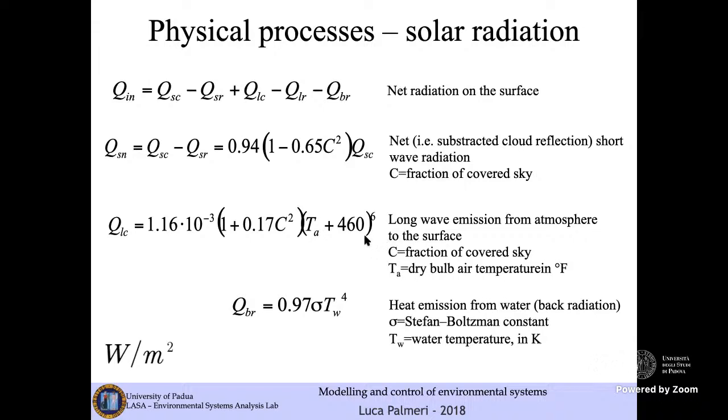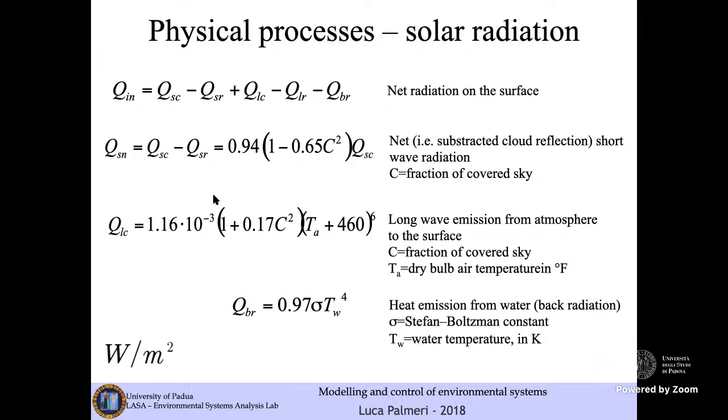So it is linked to the effect of absorption by humidity in the atmosphere, while the black reflected radiation may be seen as the heat emission from water in the atmosphere, back radiation, and it is dependent on the Stefan-Boltzmann constant and on the temperature of the water in Kelvin degrees.